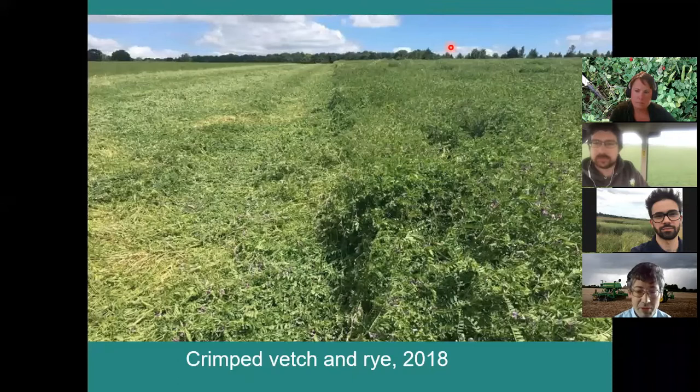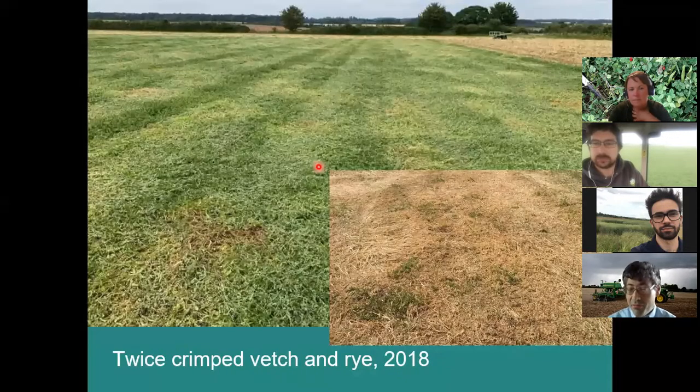So sometimes a mix with some buckwheat in just reduces that biomass that you then have to control with glyphosate in a conventional system. James is probably better in terms of the organic approaches with crimpers than I am for experience. So James can add anything if he wishes.